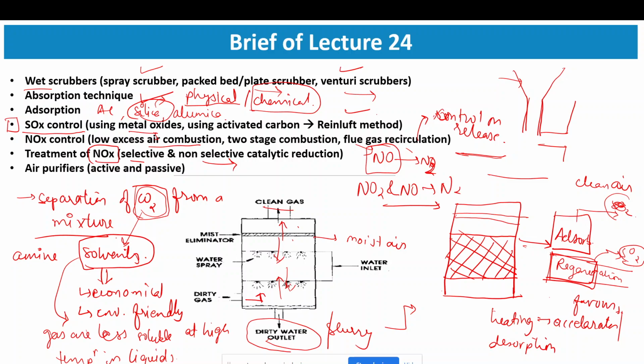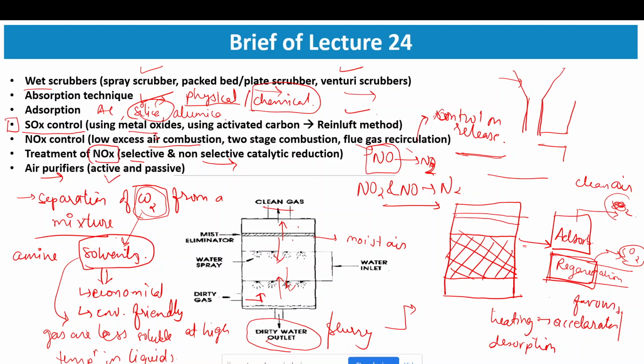Now air purifiers: there can be active and passive air purifiers. For example, if you enter a mall, there are air curtains. They are trying to separate the outer atmospheric air from the inner air, so you prevent more and more contamination.